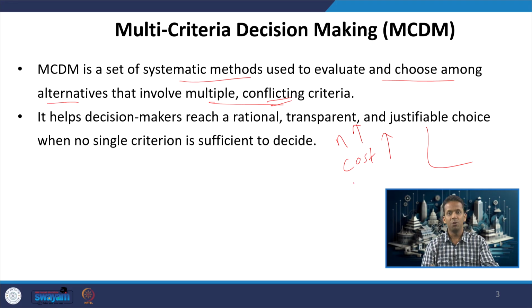Similarly, if you talk about like say emissions, if we wish to reduce the emissions, we will have to increase the efficiency, and it will be at the additional cost. So now in this case, efficiency and cost, they are not the conflicting criteria, but emission is a conflicting criteria to both efficiency and cost, because when one increases, the other decreases. When other increases, this one decreases.